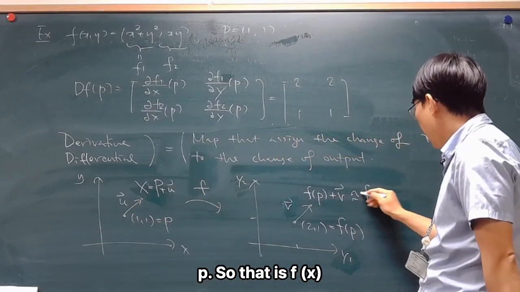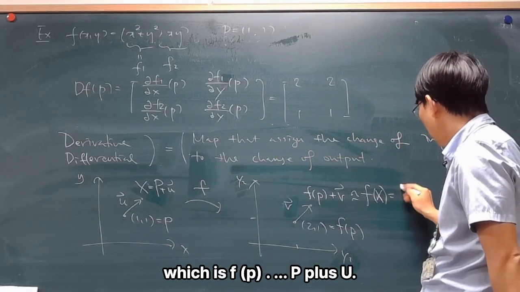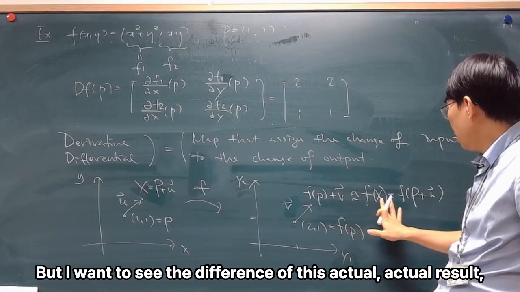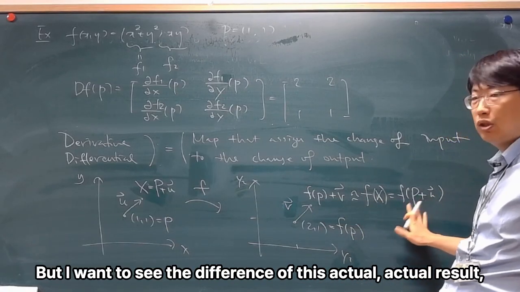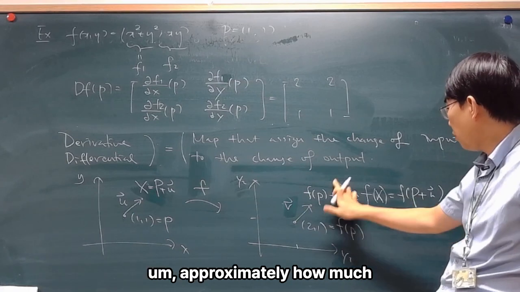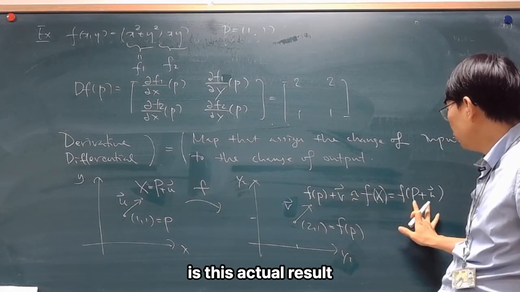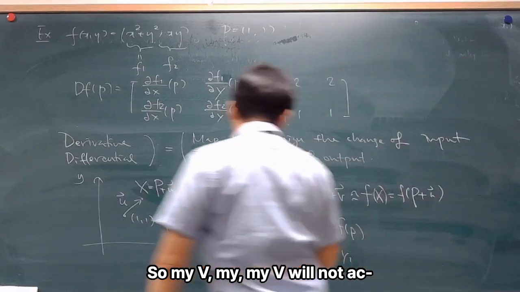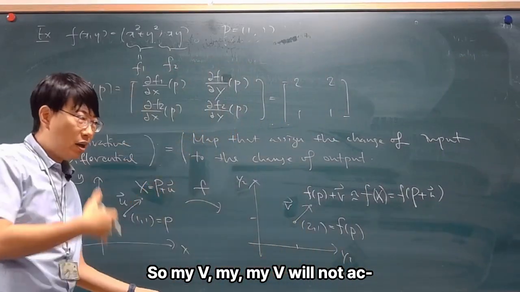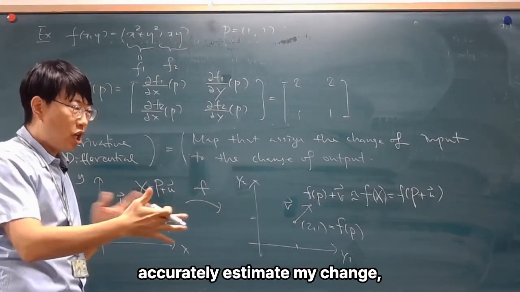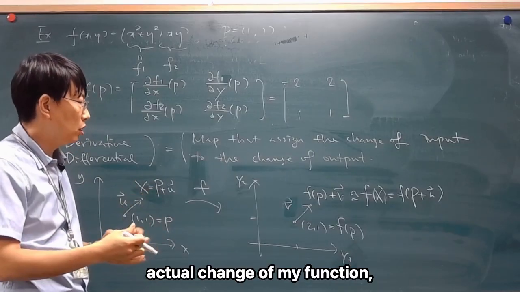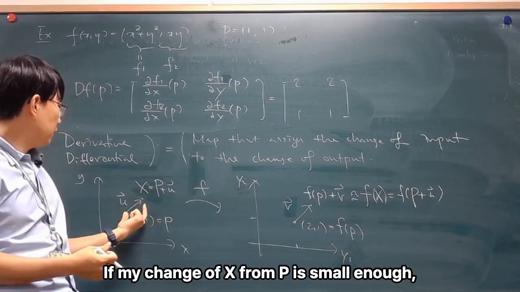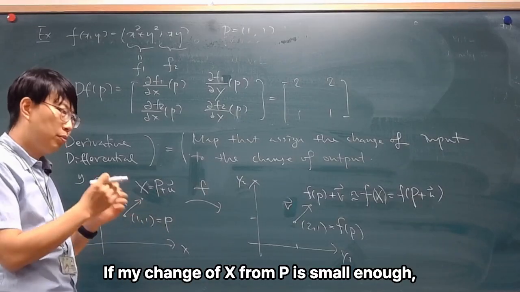So that is f of x, which is f of P plus u. But I want to see the difference of this actual result, approximately how much this actual result differs from the original value f(p). So my v will not accurately estimate my actual change of my function, but it could be a good approximation if my change of x from p is small enough.